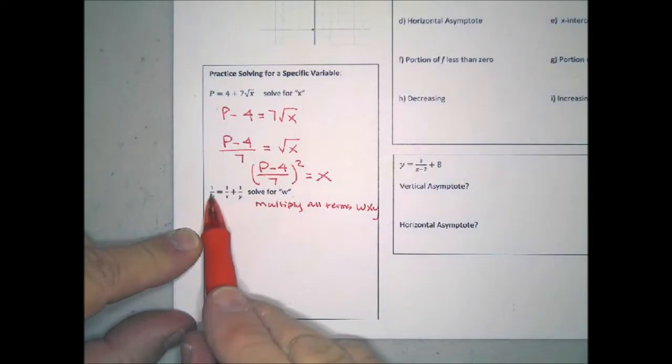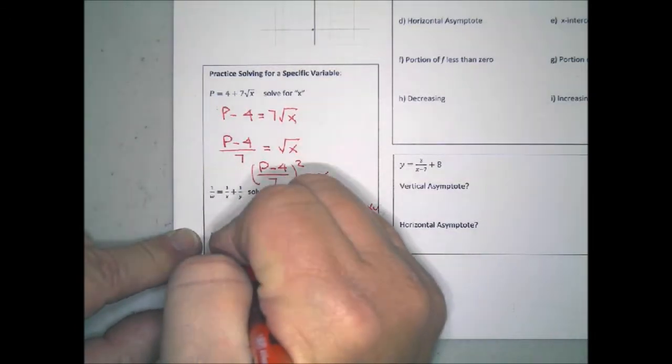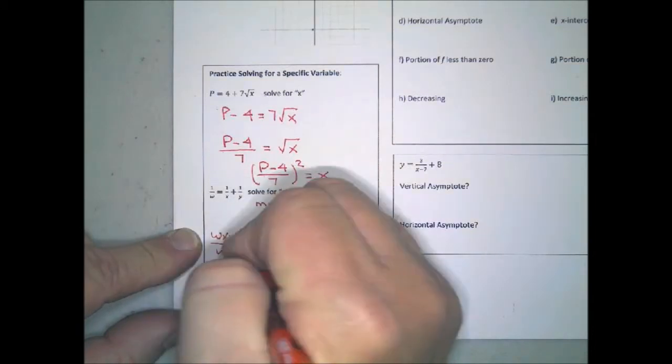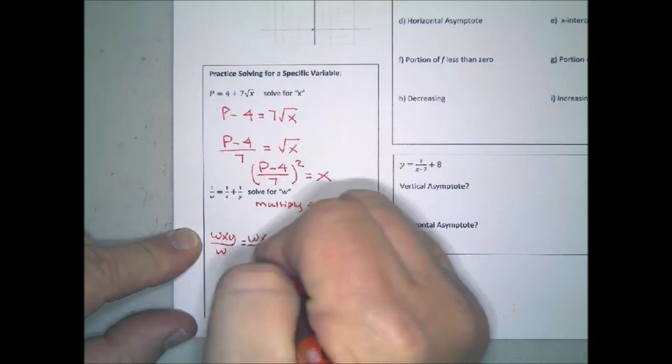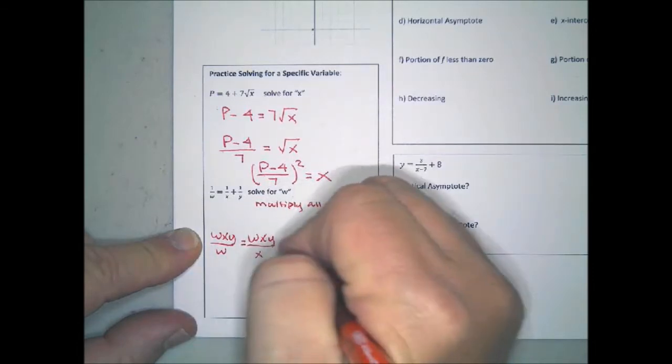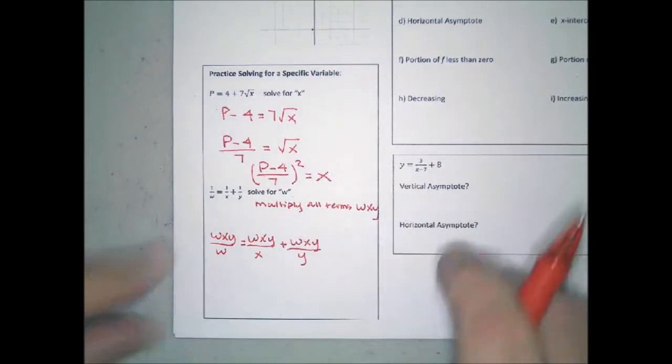So 1 times wxy would be wxy over w, equals wxy over x plus wxy over y.